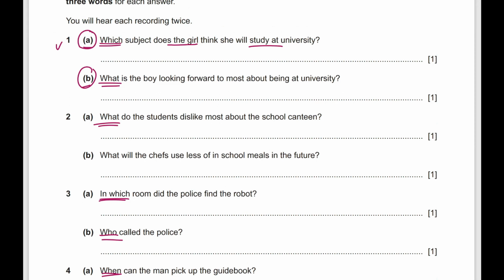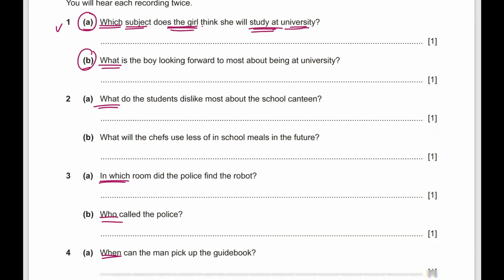You need to underline the keywords in the questions. For example: Does the girl think she would study at university? So this is underlining the keywords in the question. It is useful for students to learn what is required by each question word. Okay, this is very important.